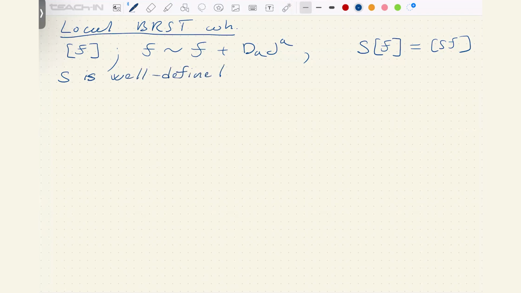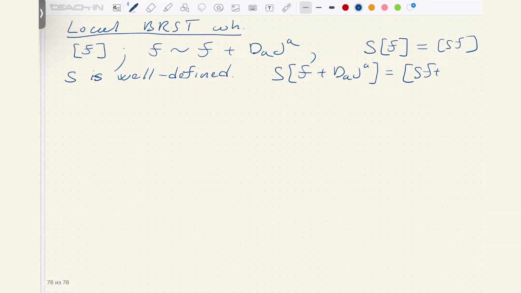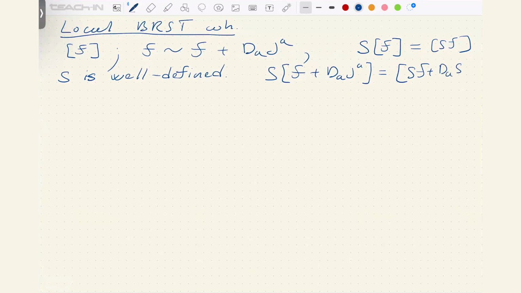How do we do it? It's very simple, right? We see what's going on. We pick another representative, right? Apply this rule, we get SF plus, but S commutes with d_A. So here we get d_A of S J^A, right?